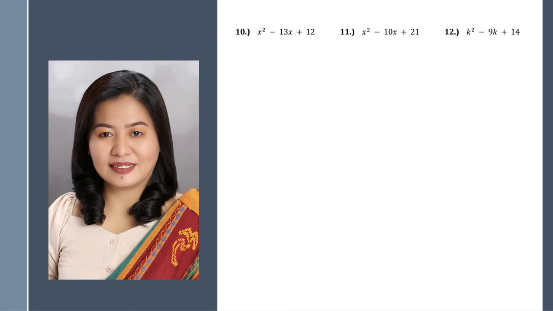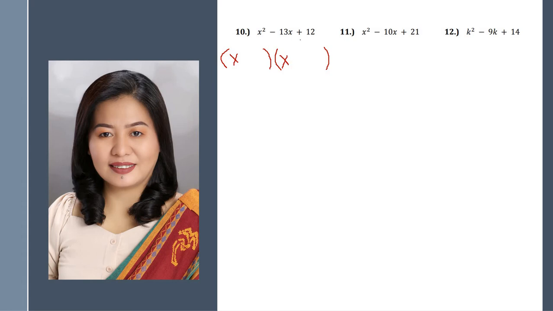Number 10, so we have x squared minus 13x plus 12. So we have x and x.